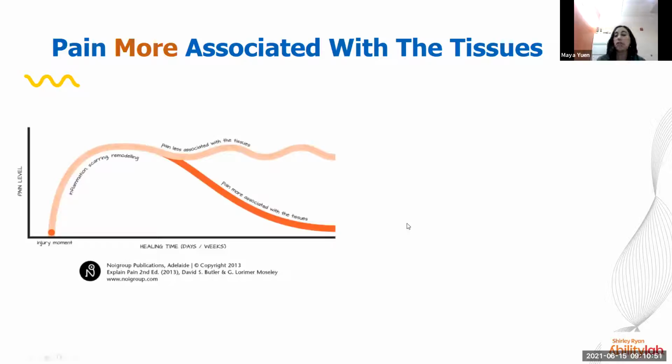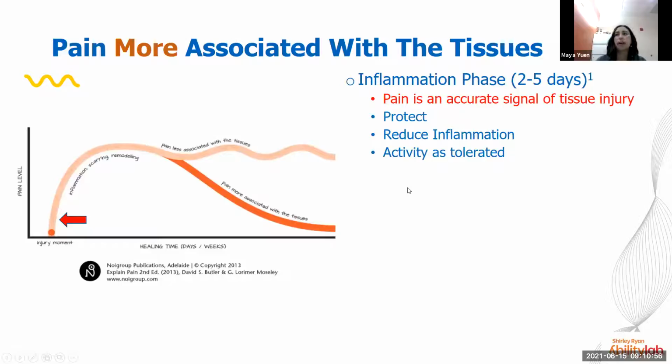It can be broken down into 3 basic phases. The first phase is what we call the inflammatory phase. This phase lasts days. And the goal of this phase is to protect the tissue. And pain at this phase is an accurate signal of tissue damage. The second phase is what we consider to be the scarring phase. It's also known as the proliferative phase.